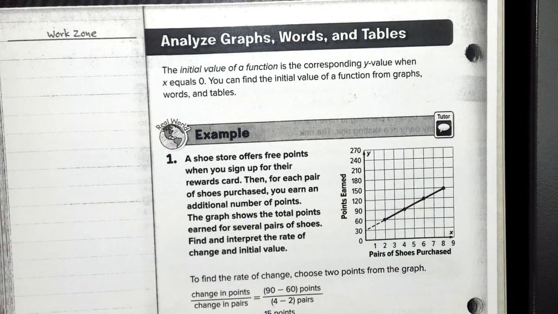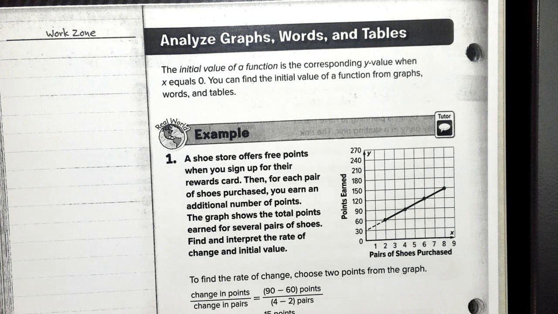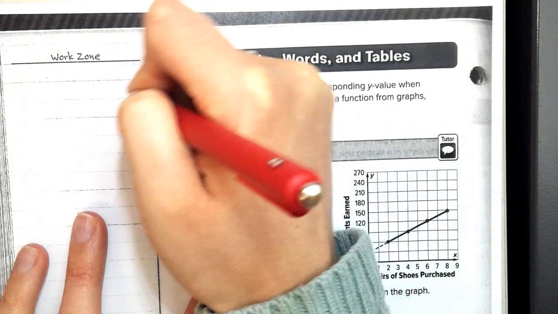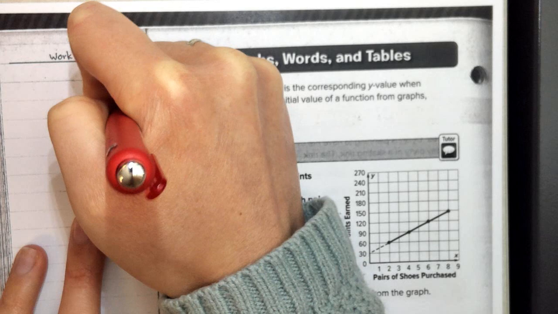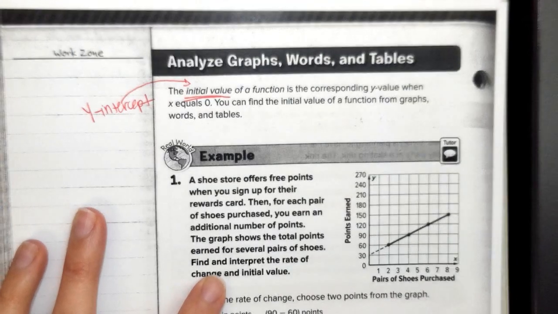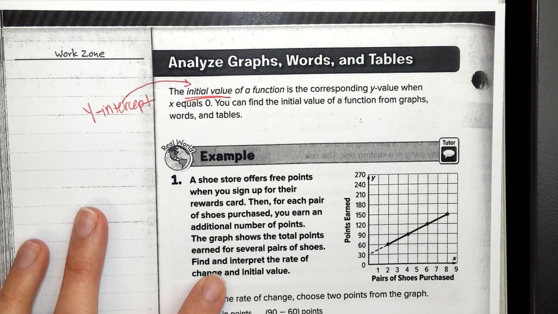For lesson 6 today, go ahead and flip the page, so page 320. It's kind of the same thing, except today, when we say initial value, what we really mean is our y-intercept. Because the initial value of a function is the corresponding y value when x is equal to 0.